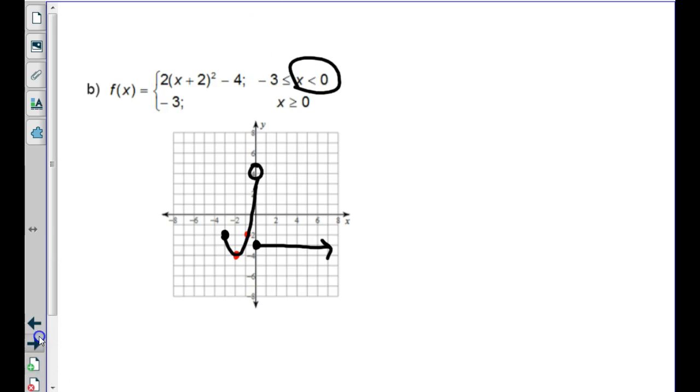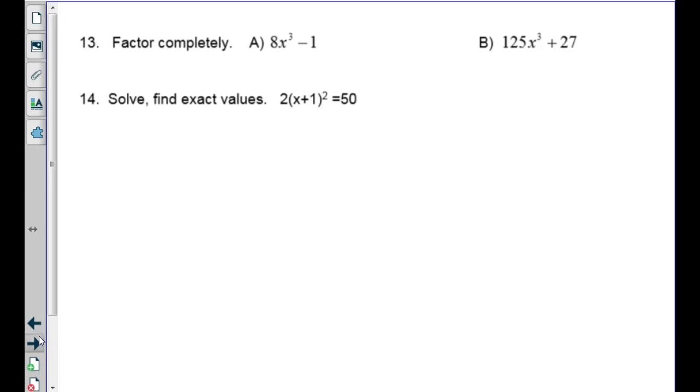There is one, graph the piecewise function. Oh, do we remember factoring cubics? Yes. You should always use SOAP. What else? How does it start? What's the cube root of this? Negative 1, because it's the same sign as above.